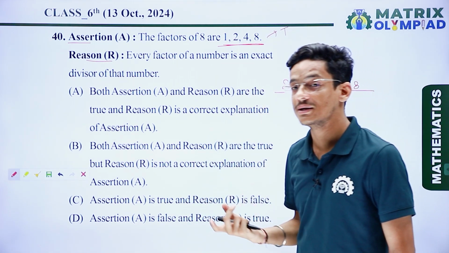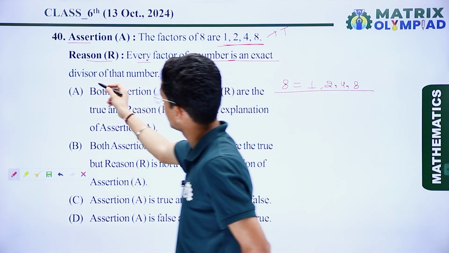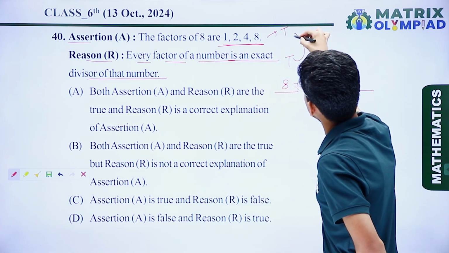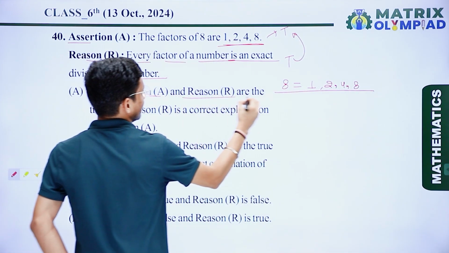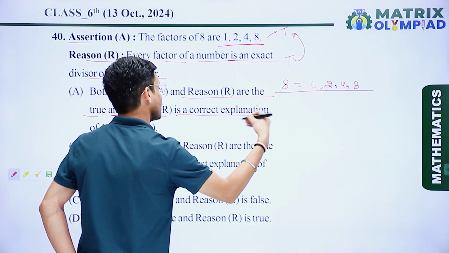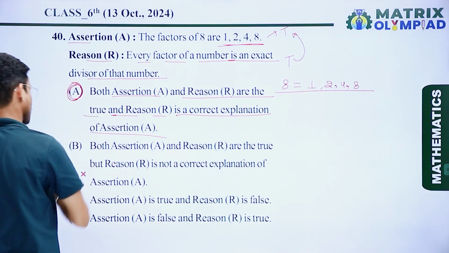If I talk about reason, that is every factor of a number is an exact divisor of that number. So reason is also true, and this is the correct explanation of assertion. So here option number A is the correct answer.